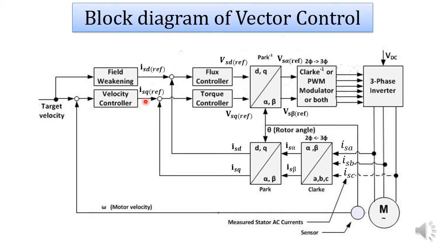Now let's see what happens here. Here the target velocity is given to the field weakening block, and the output of the field weakening block is the reference value of ISD.